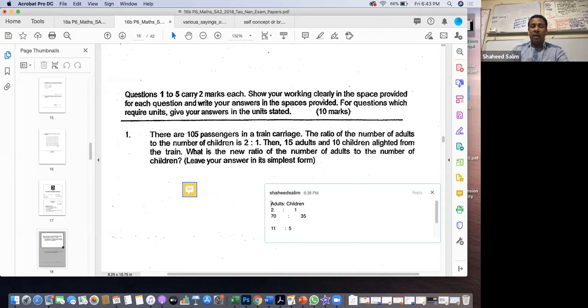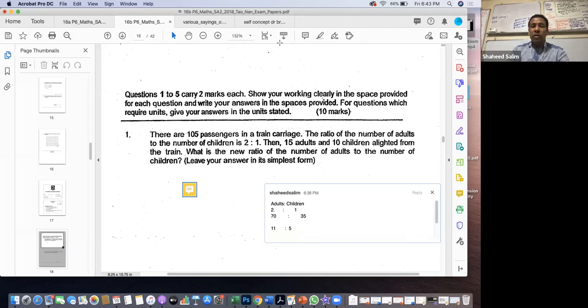Okay, we go step by step. 2:1. 2 units for adults, 1 unit for children. And then it's 105 passengers in total. So 2 plus 1, 3 units is 105. 1 unit is 35, so the children must be 35.